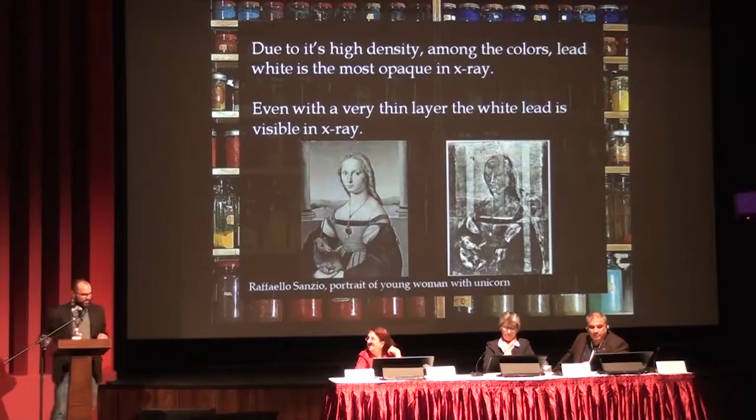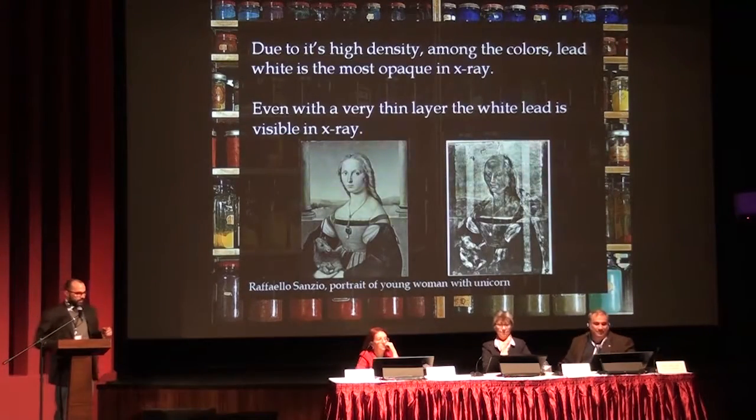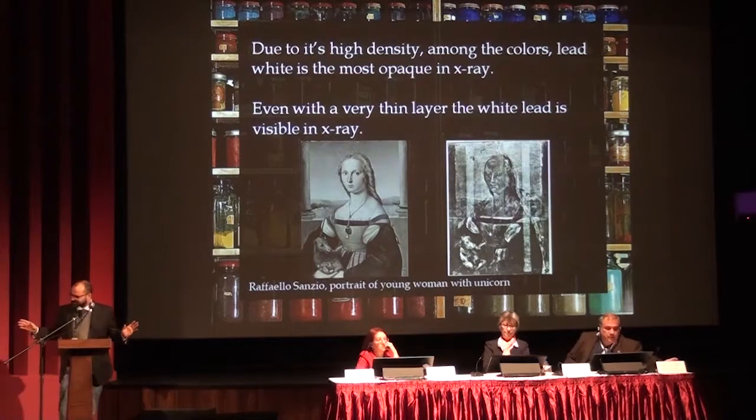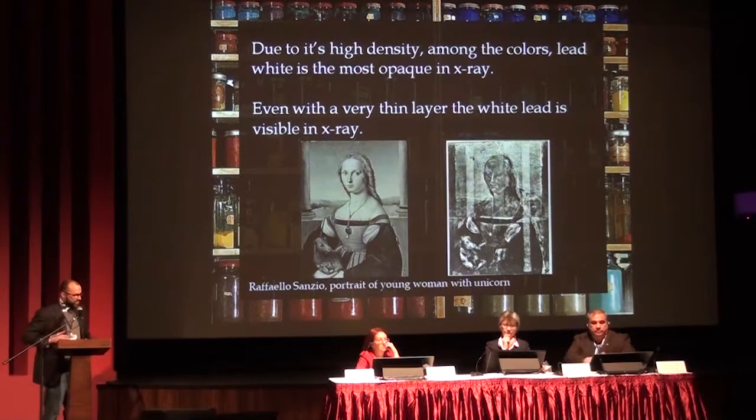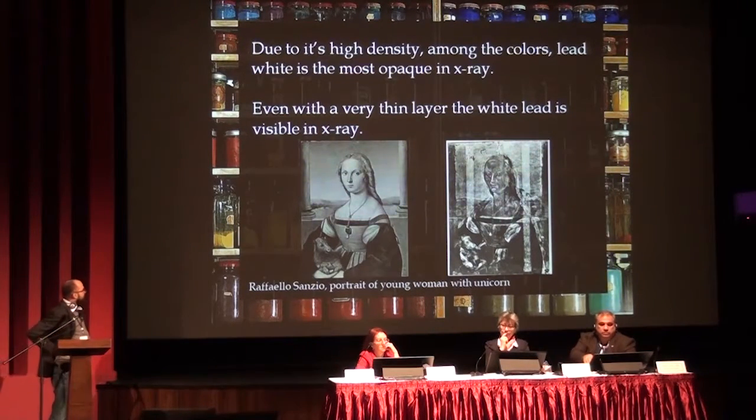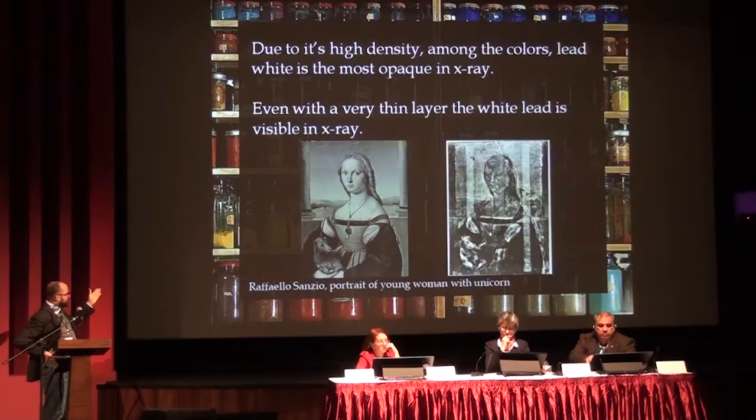Okay, this is an X-ray, and you can see, for example, the image on the left. It's in black and white, but it's natural light. And on the right, we can see the X-ray.